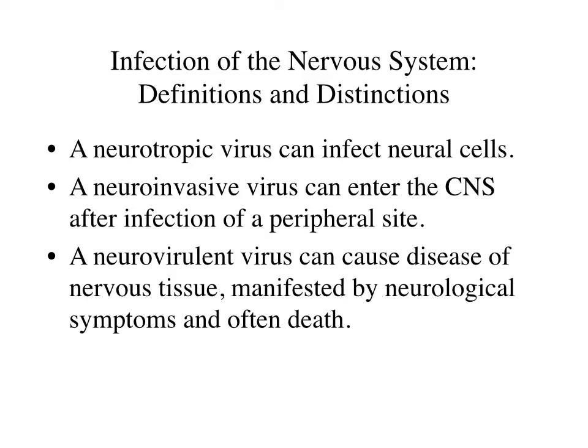Then under certain conditions, say stress, the virus gets reactivated and it makes its way back to that peripheral site where it first entered, and you get a cold sore. That's why you get a cold sore forming in the same place every time, because it's related to this polarization of the nerve cells.